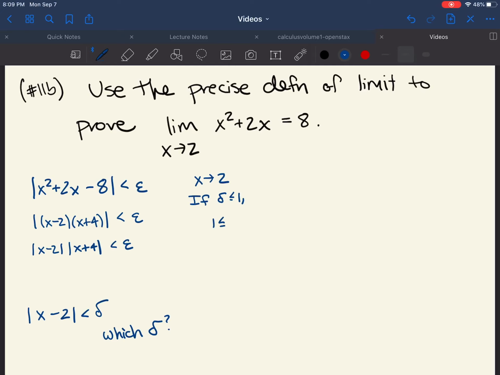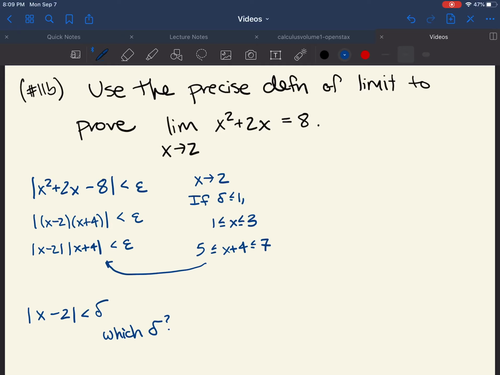So between 1 and 3, if delta is small. So in particular, x plus 4, whatever we're plugging in for x, will be between 5 and 7. Okay, and now this is great because we can use this bound here.